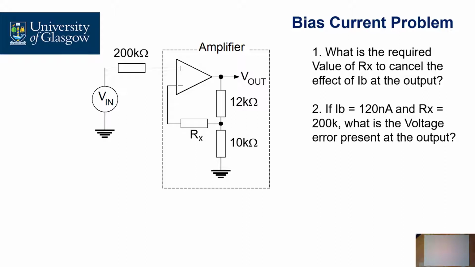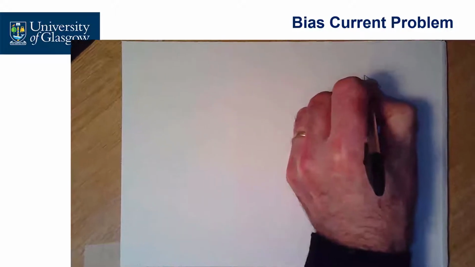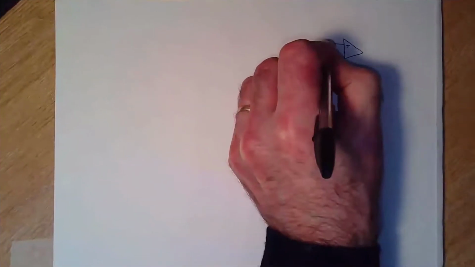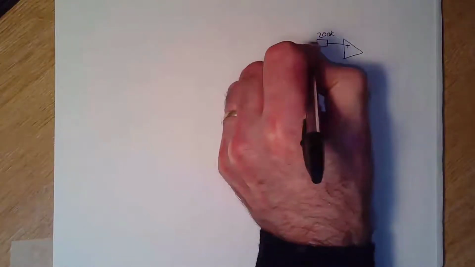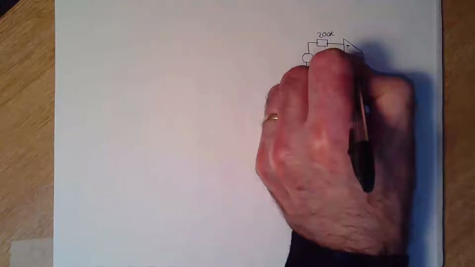We have the circuit in front of us, but for the analysis I'll redraw it on this page. We have a non-inverting amplifier connected to a 200 k ohm resistor and a signal source connected to ground.